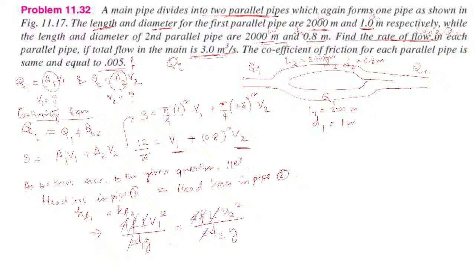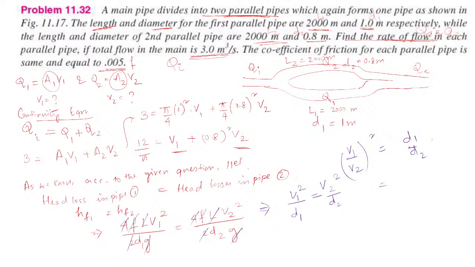So what I obtain is V1 squared by D1 equals V2 squared by D2. So V1 by V2 whole squared equals D1 by D2. This is one of the particular topics, and many times in the GATE question paper you can find this type of question on the relation basis.